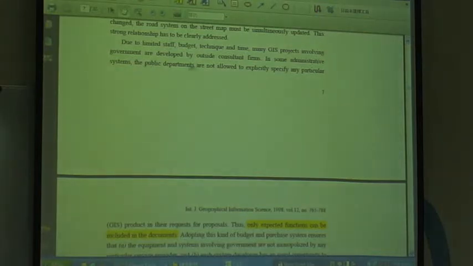In many public departments, they try to have a GIS package application.